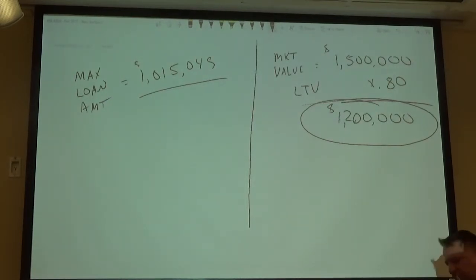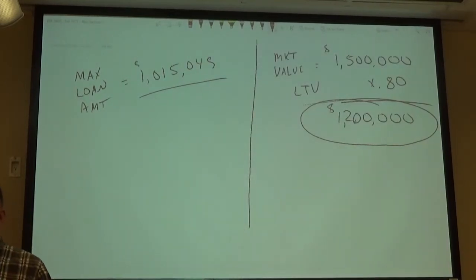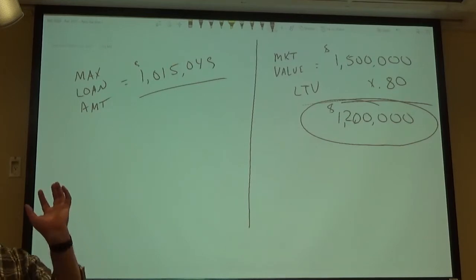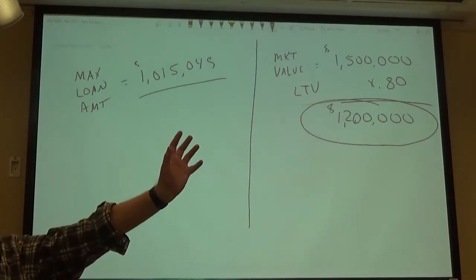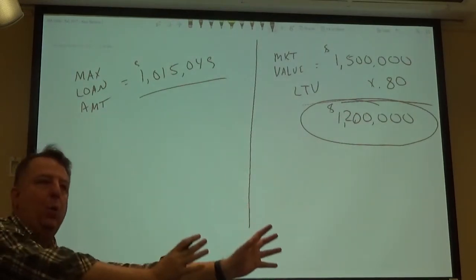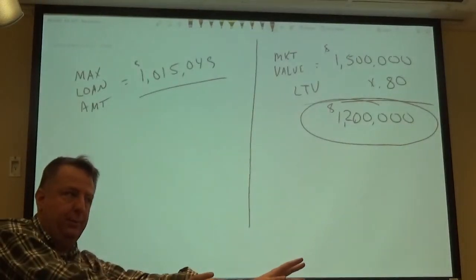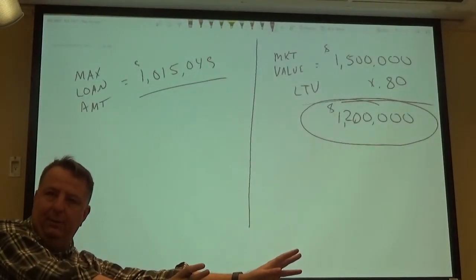Now, here's the thing that you've got to make sure that you understand. There are a lot of times a disconnect between what the appraiser says it's worth and what you think it's worth and what the lender thinks it's worth. Okay? Everybody follow that? Yeah.